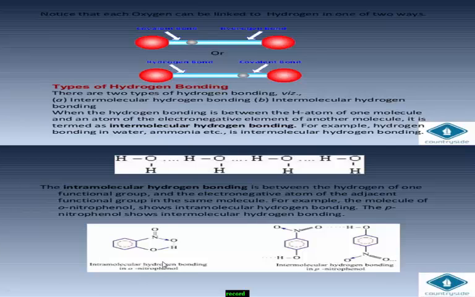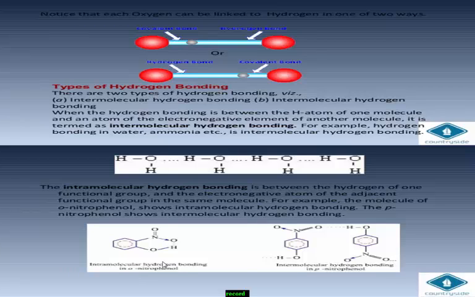Another example, salicylaldehyde and orthonitrobenzoic acid contain intramolecular hydrogen bonding. Students, these are some synopsis points very helpful for your CET as well as NEET level examinations on the chapter chemical bonding.